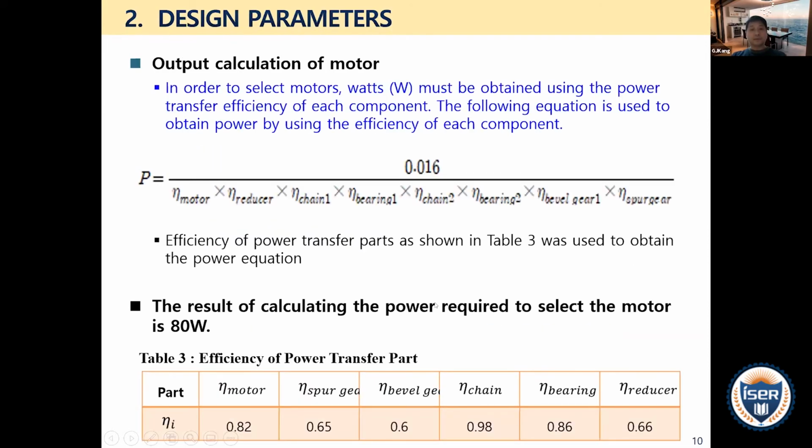In order to select motors, watts must be obtained using the power transfer efficiency of each component. The following equation is used to obtain power using the efficiency of each component, and the result of calculating the power required to select the motor is 80 watts.